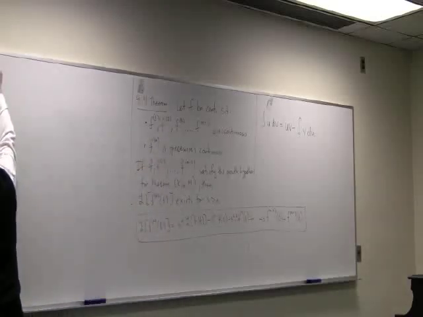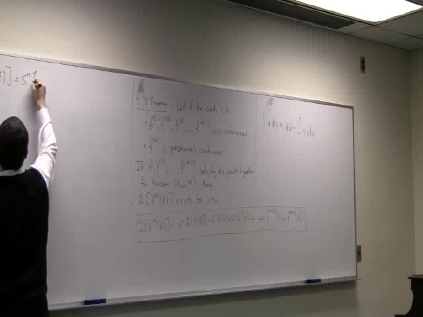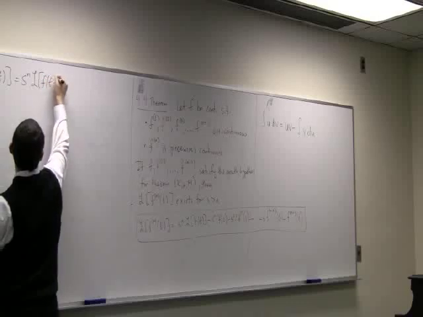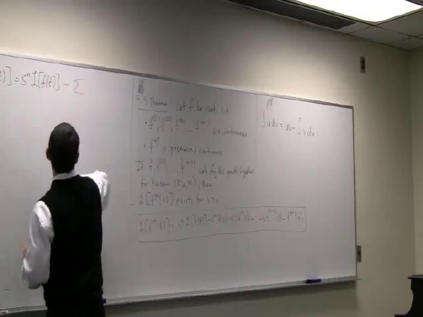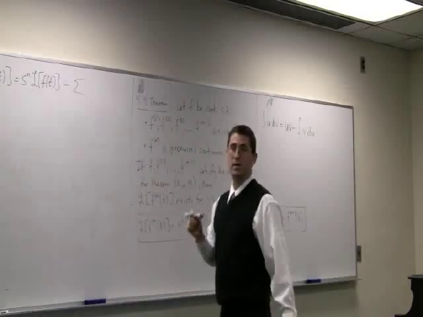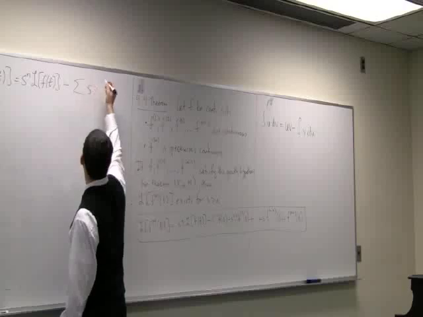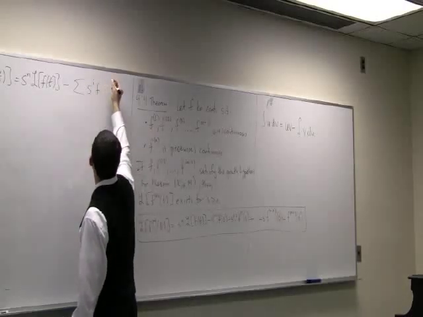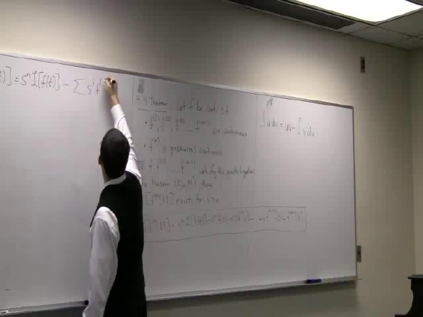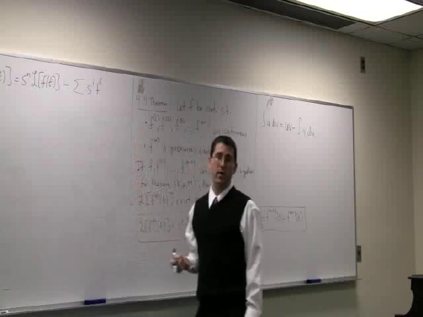So L of the nth derivative equals s to the n L f minus the sum. Okay. So what's going to happen here? You're going to have an s to the I, and then you're going to have an f to the, well, I plus whatever goes up here needs to add up to n minus 1.